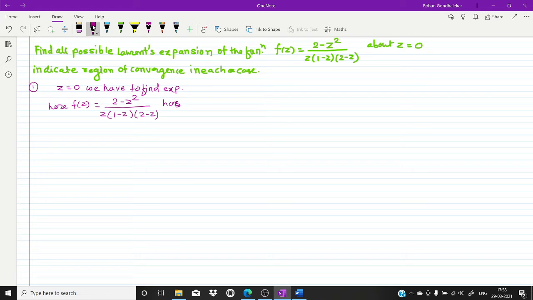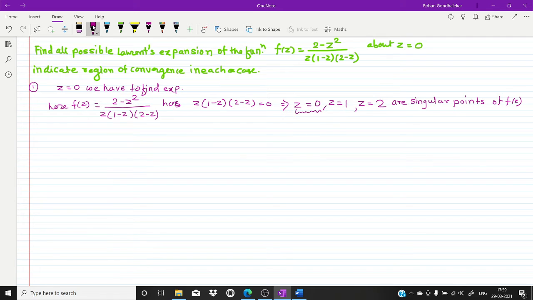Setting z into bracket 1 minus z into 2 minus z equal to 0 implies z is equal to 0 from the first term. 1 minus z is equal to 0 gives z is equal to 1. From the second, we get z is equal to 2. These are the singular points of f of z.